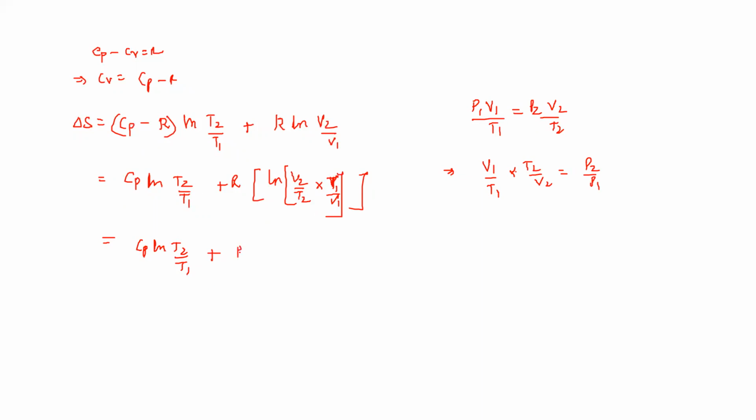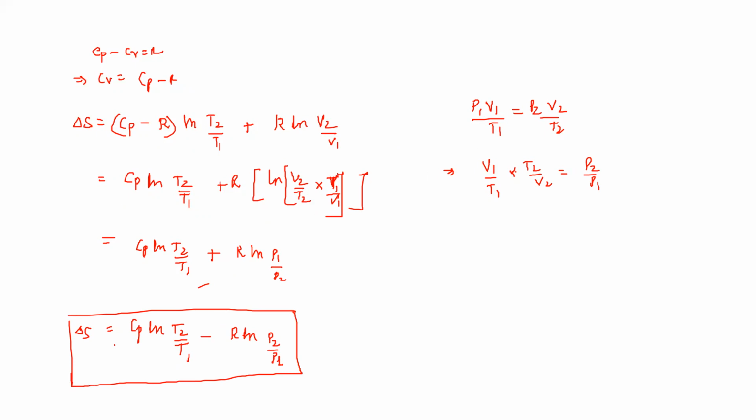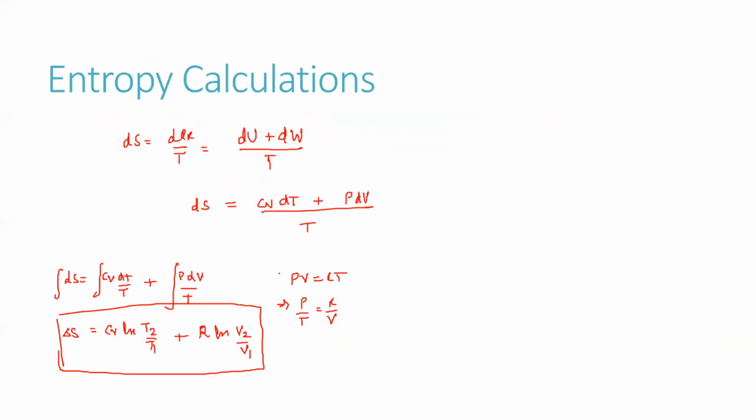So plus R ln P1 by P2, which can be written as minus R ln P2 by P1. So you can actually use both. If you know the initial pressure, initial temperature, final pressure, final temperature, then you can use this equation. If you have initial temperature and volume and final temperature and volume, then you can use this equation.